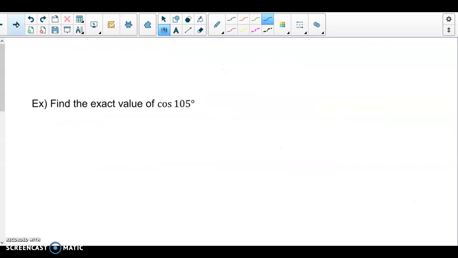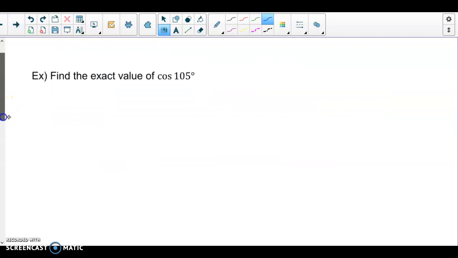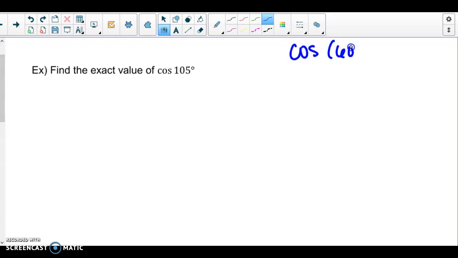Let's start with the cosine of 105. I know we've already practiced sum and difference formulas, so you probably know that cosine of 105 is the same thing as cosine of 60 plus 45, right? Yep.